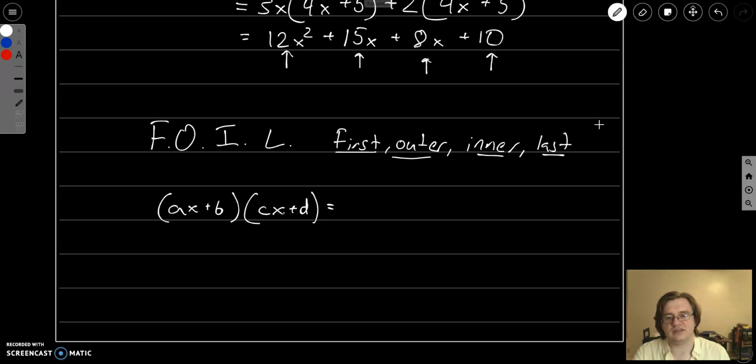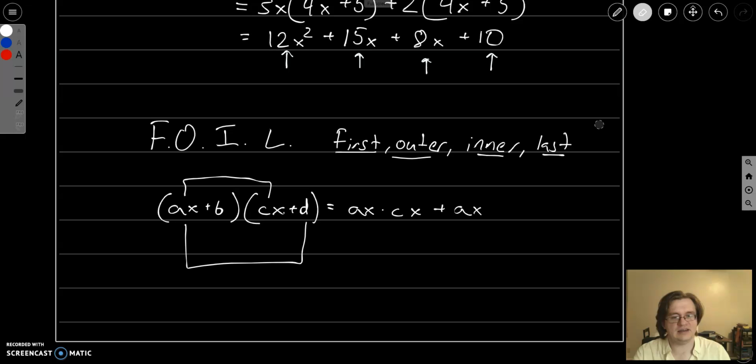So let's multiply the first 2 terms, so ax and cx. Next, we'll multiply the outside terms, the outer terms, which is going to be ax and d. Next, we'll multiply the inner terms, the 2 inside terms, which is going to be b times cx, and then the last terms.